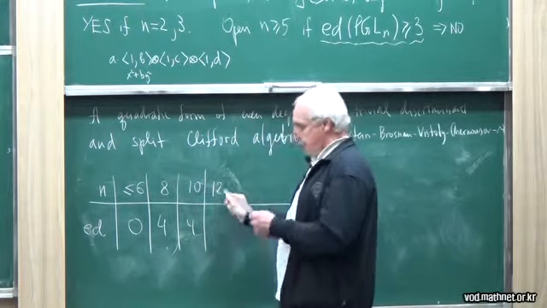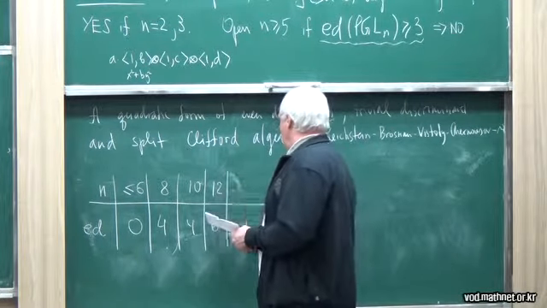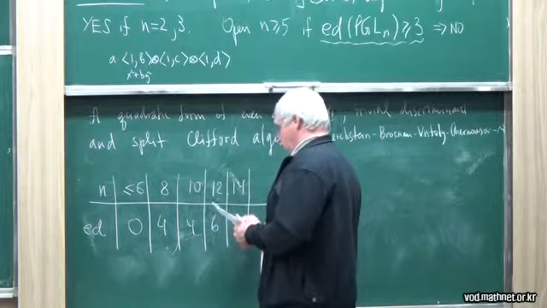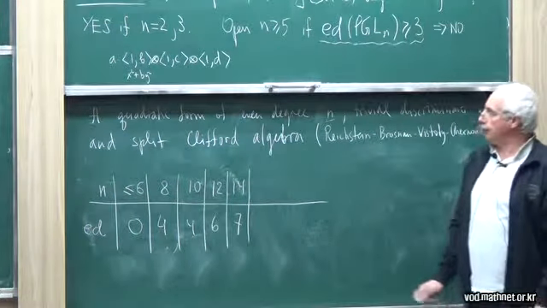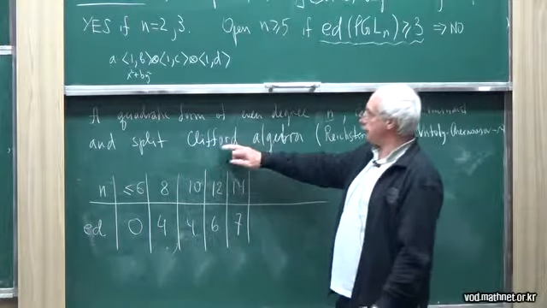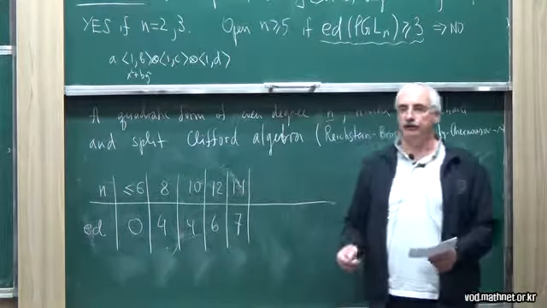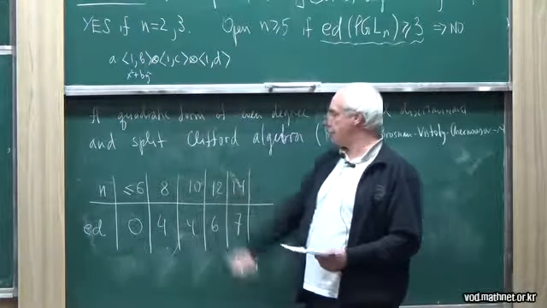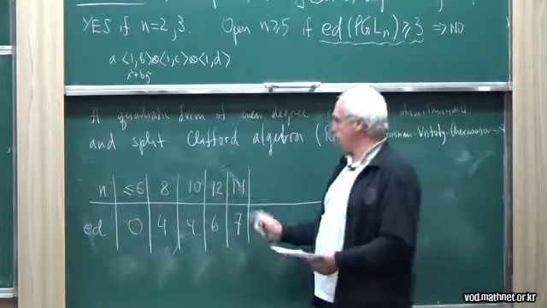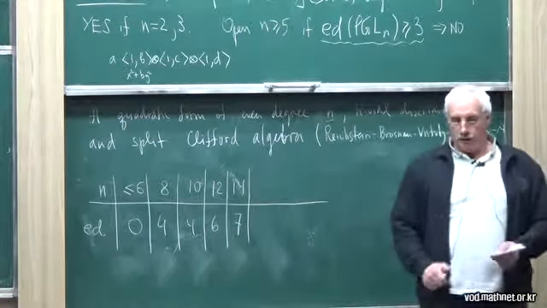For 12, it is 6. For 14, it is 7. In fact, all quadratic forms with such properties of degree at most 14 were classified. And the classification is approximately of this type for each of these degrees. And that's how we easily compute those numbers.